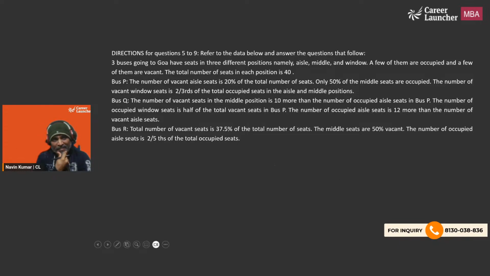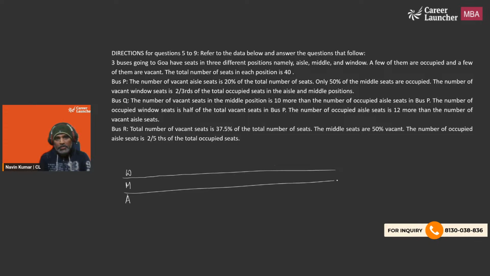So let's try. So we are going to have a window seat, and then we are going to have the middle seat, and then the aisle seat. Now, each of these window, middle, and aisle seats are going to be either vacant or occupied.